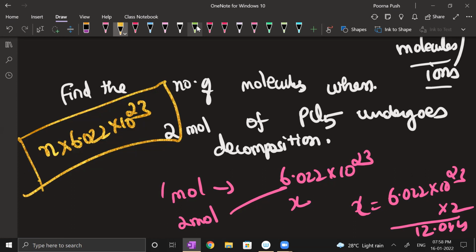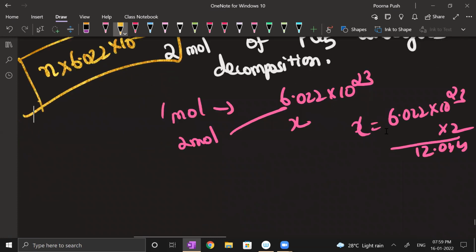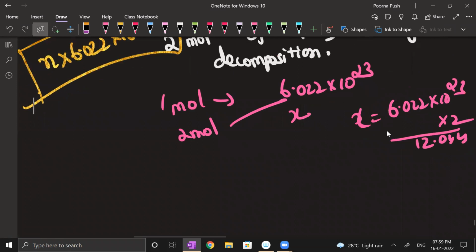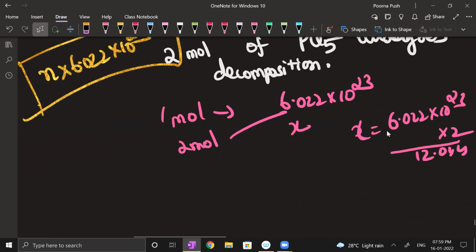See whether you understood. If it is confusing, don't worry, just apply this: number of moles multiplied by Avogadro number. Number of moles they ask you to find for 2 moles. That's it. Directly substitute.